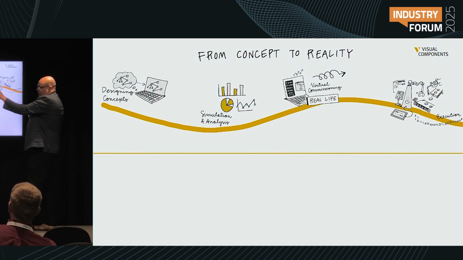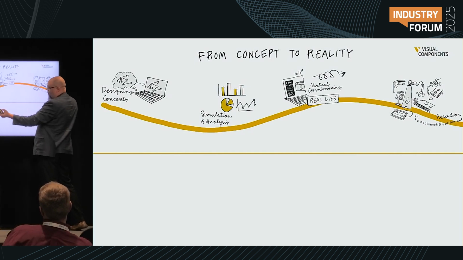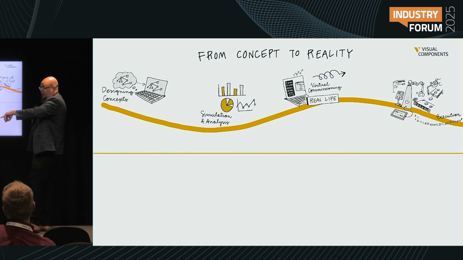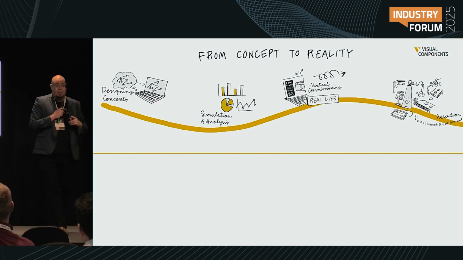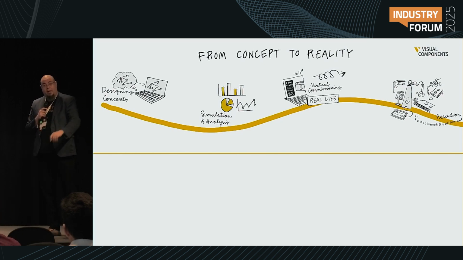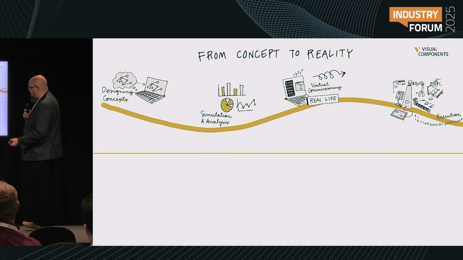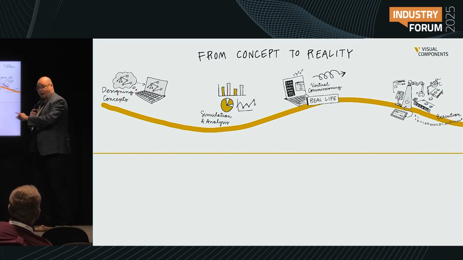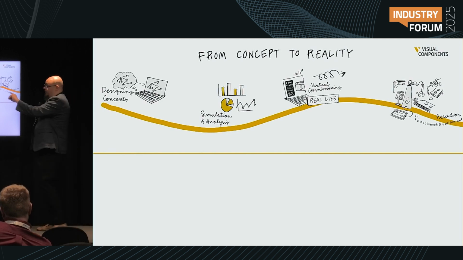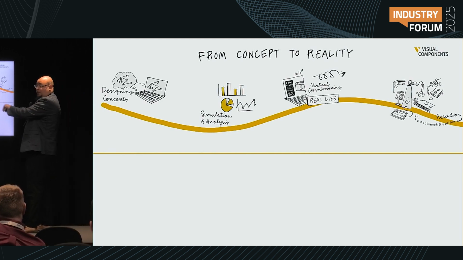So there are tools, for example Visual Components and many other tools, to design your concept first, and then when you have a common agreement on what the concept is, you start to study it. Will it work? So we pour more information into the simulation model in this case. Okay, now we have studied it and it works. Then we test it against real life.